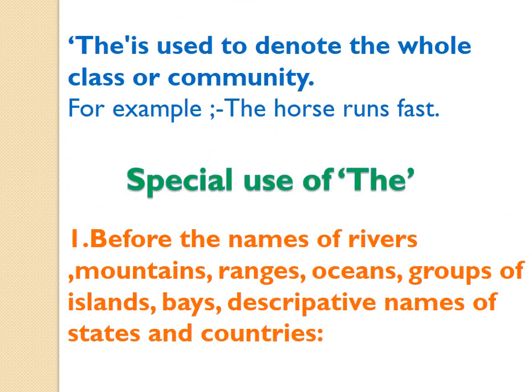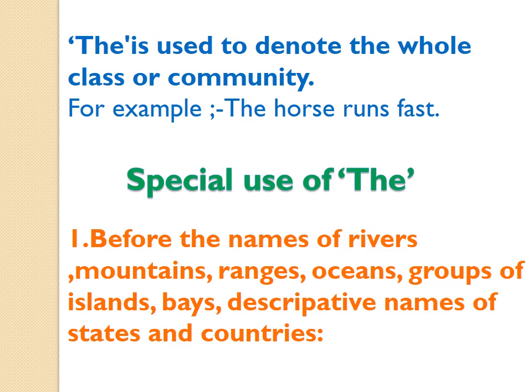The first is before the names of rivers, mountains, ranges, oceans, groups of islands, bays, descriptive names of states and countries. So students, these are few terms before which we use the definite article the.